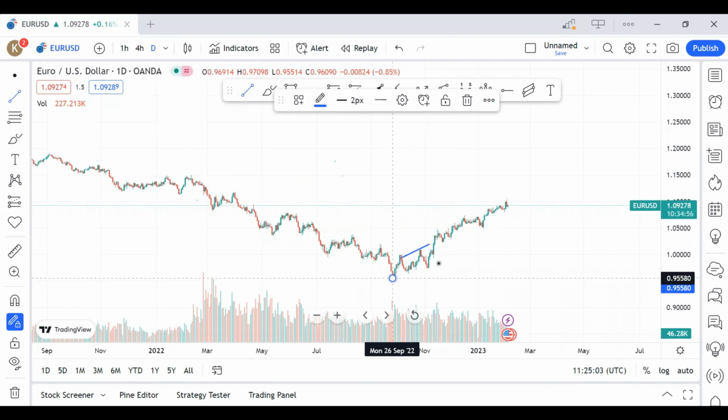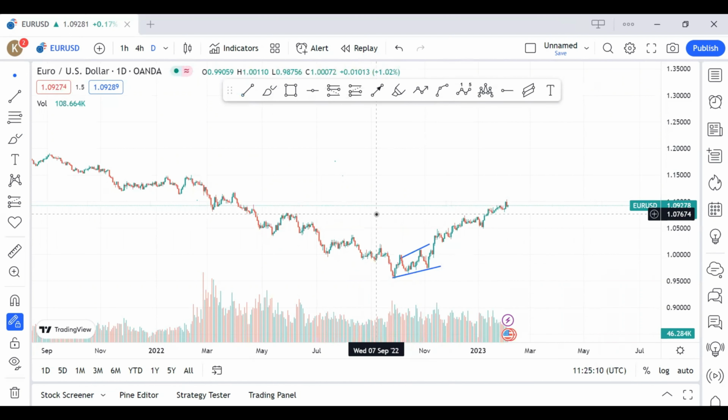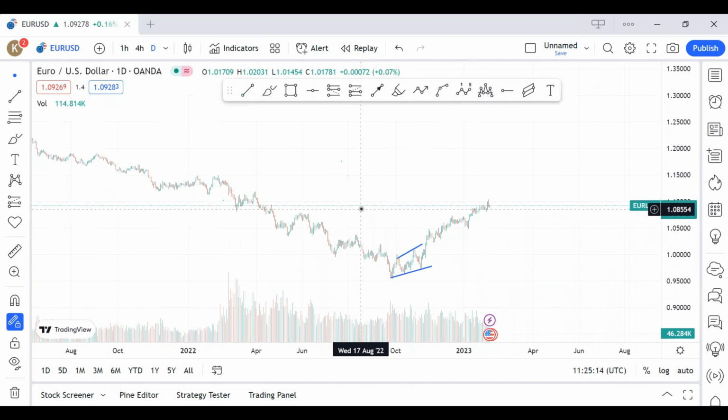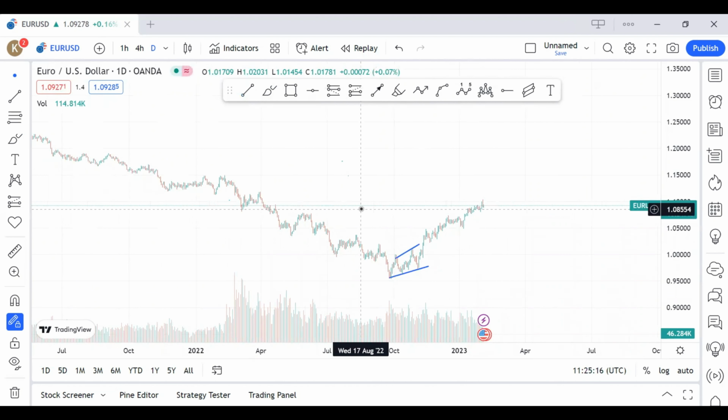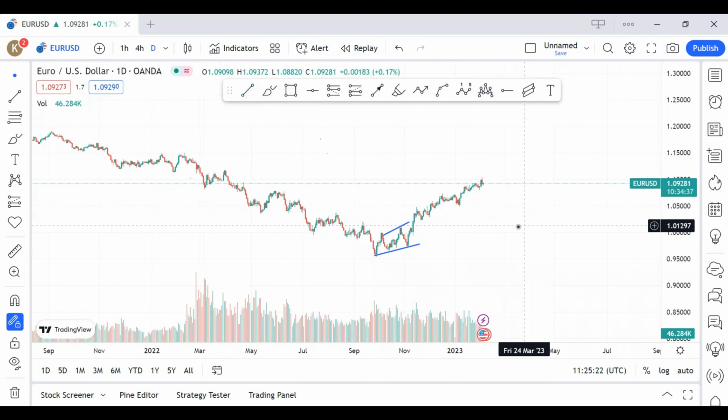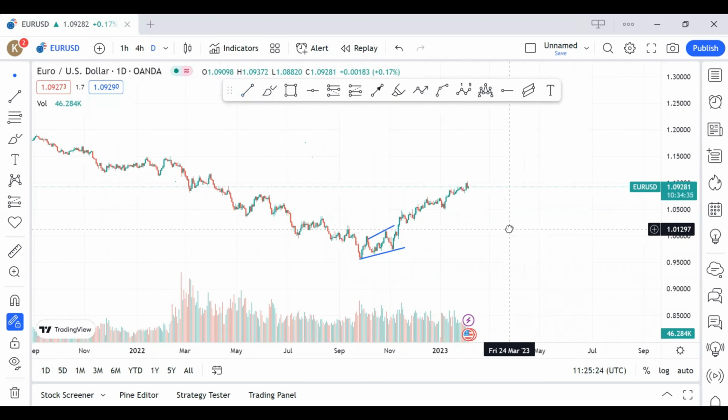Let me analyze and see what it was trying to do. Okay, so we can see that we do not have a proper market structure.